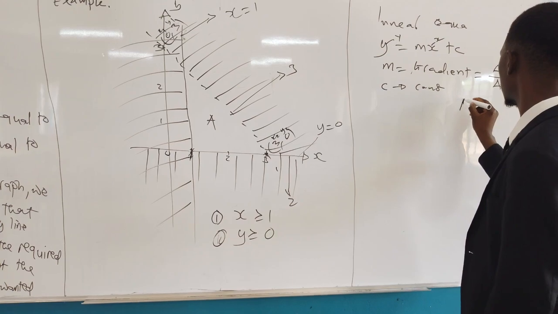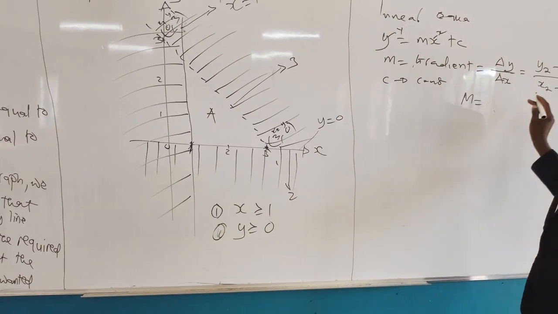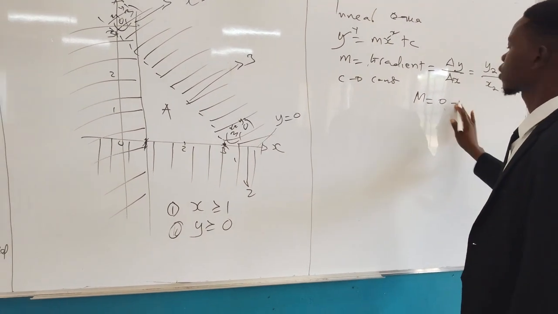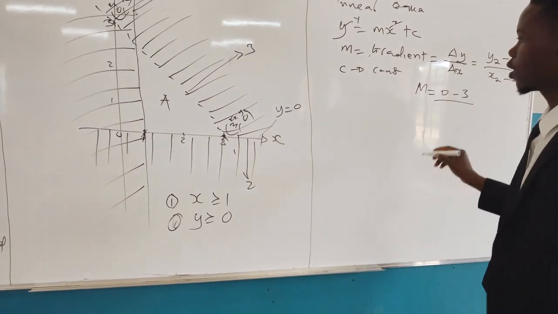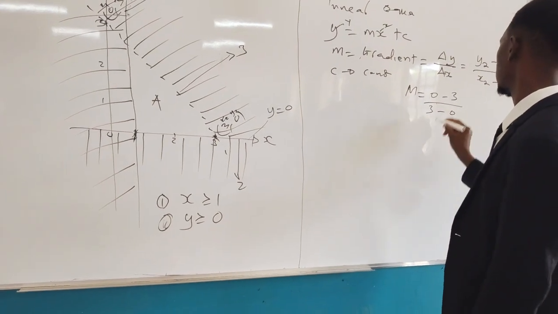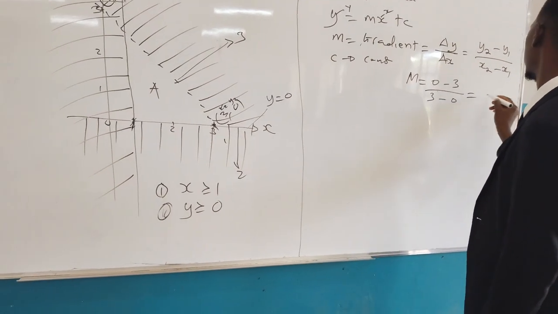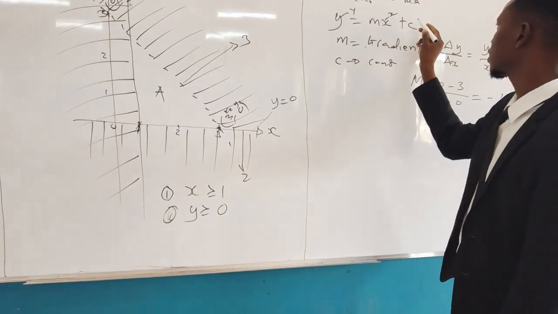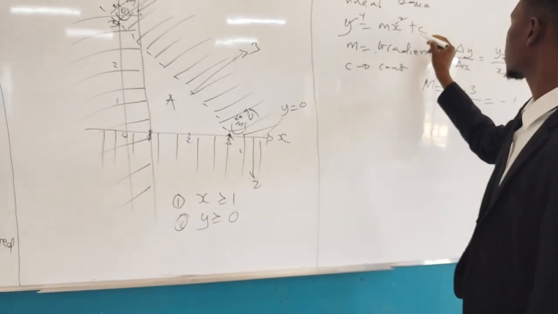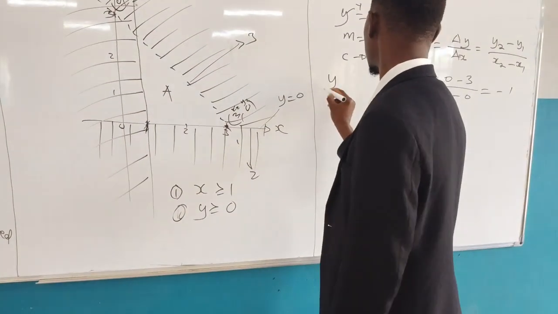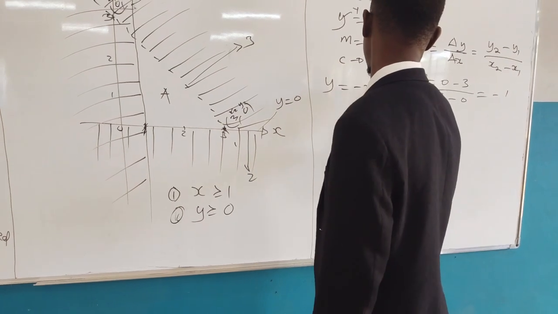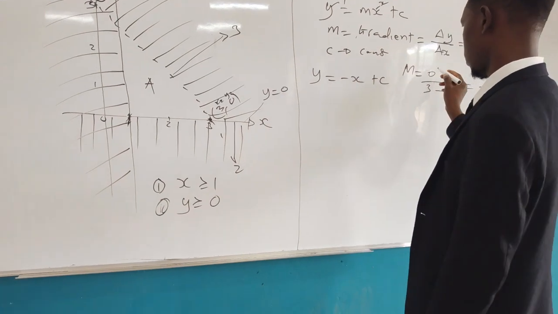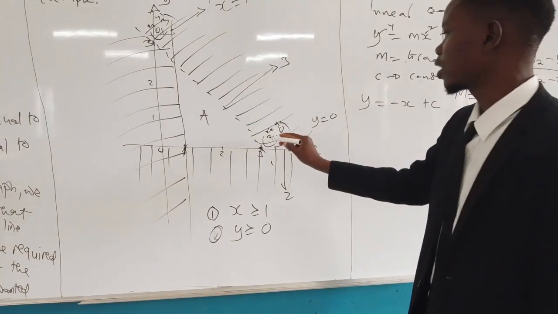So according to the formula, change in y: y2, that's 0, minus y1, that's 3, over x2, that's 3, minus 0. So here we are going to have negative 1. So negative 1 is our gradient. To find the equation, we can substitute the gradient, so y is equal to negative x plus c. To find this c, we can consider any coordinates, maybe these ones.